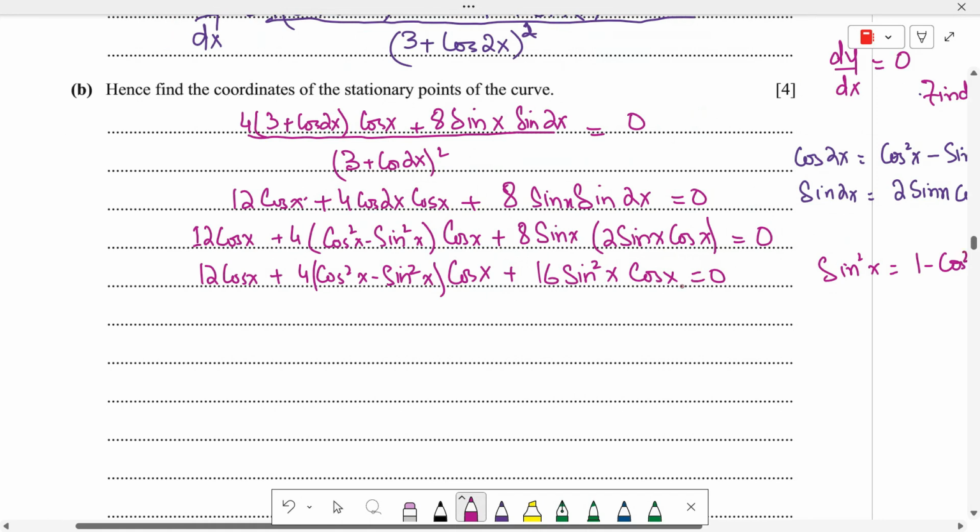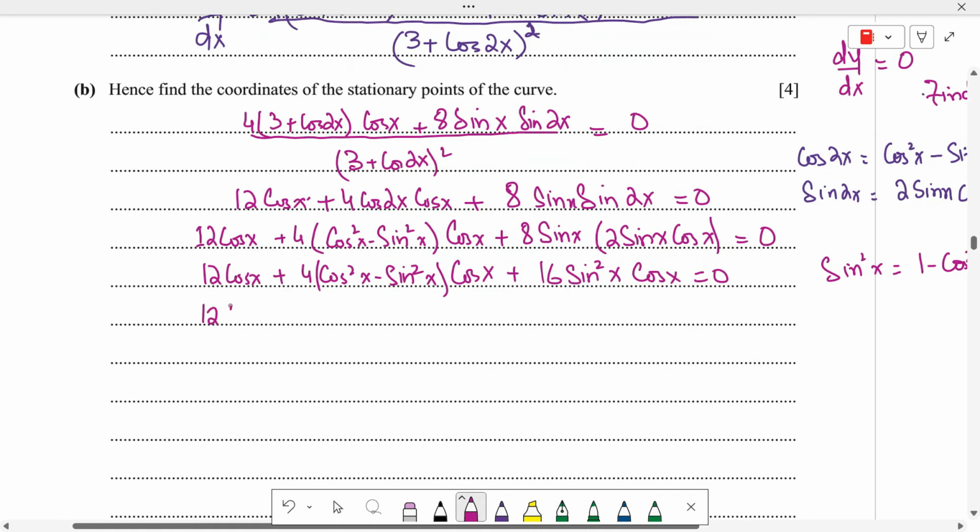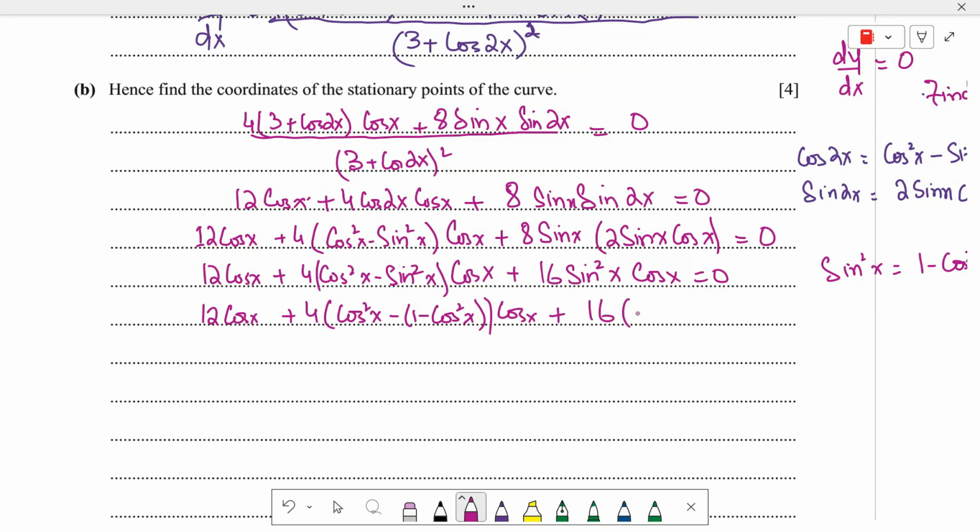So we plug these values: 12 cos x plus 4 (cos squared x minus (1 minus cos squared x)) cos x plus 16 times (1 minus cos squared x) times cos x equal to 0.